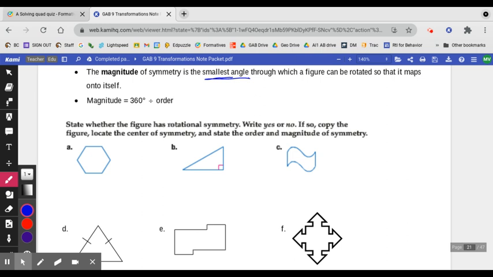So presuming this is a regular hexagon, yes, the order equals 6, and the magnitude is 60, because I did 360 divided by 6.